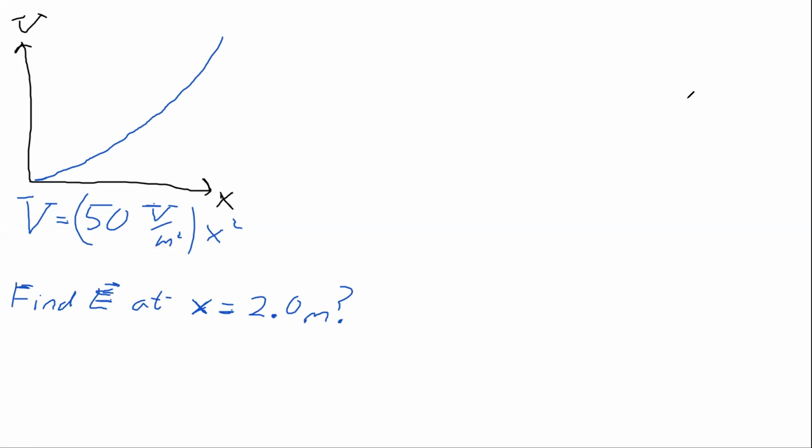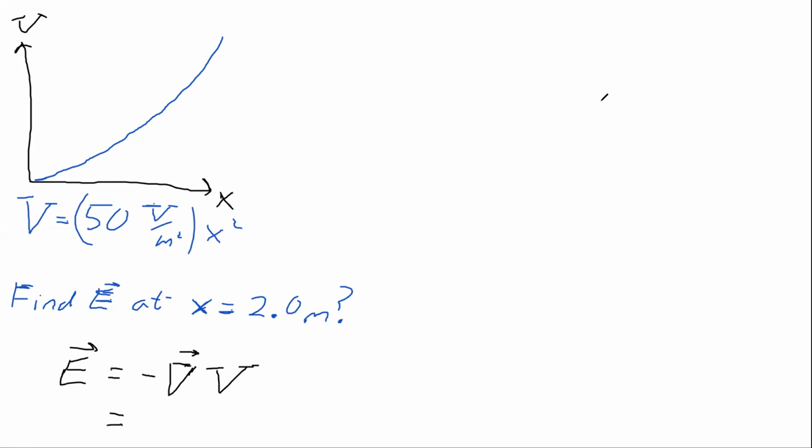It's not too hard, and let me write out the equation. How do we get electric field from voltage? Well, the equation that we saw earlier is this, where this upside down triangle is called the del operator.